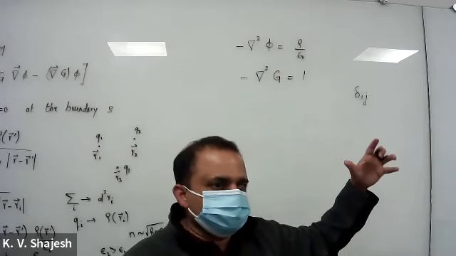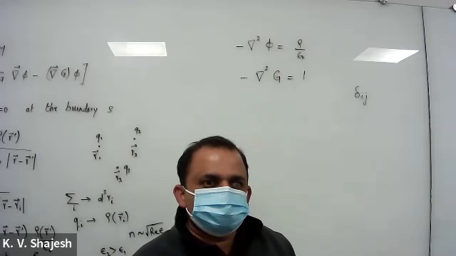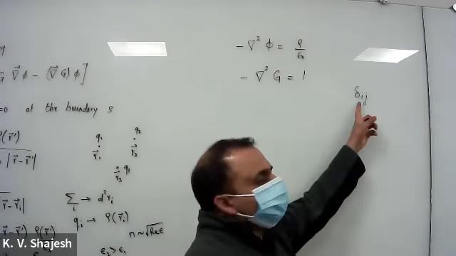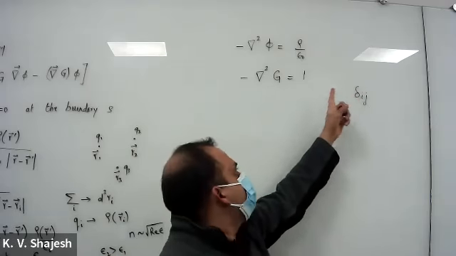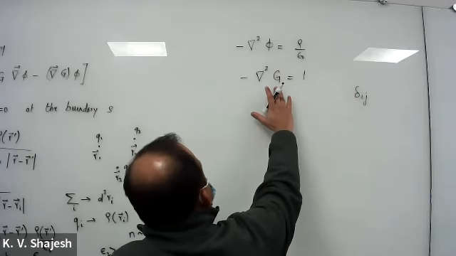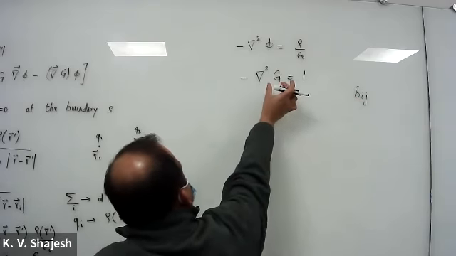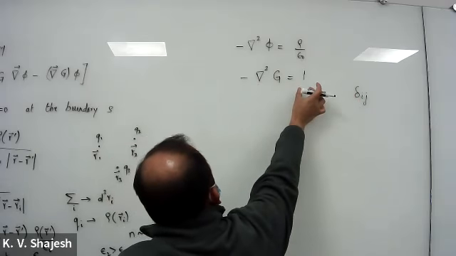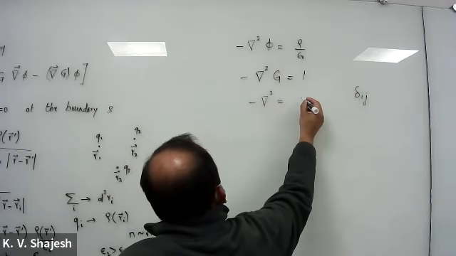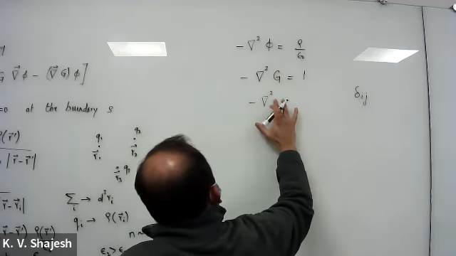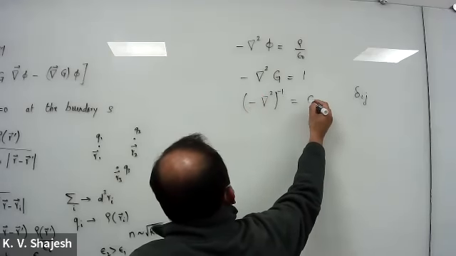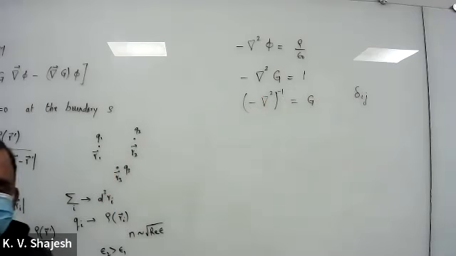It has its own challenges because convergence and other things come into the picture, but in that spirit, I'm saying this is an identity matrix, right? In that sense, this is 1. If you think of it like that, what is G? This is an operator, and multiplying on G gives you 1. So let's say the inverse of this operator is equal to G. So what is Green's function?